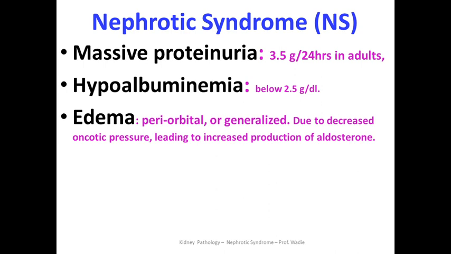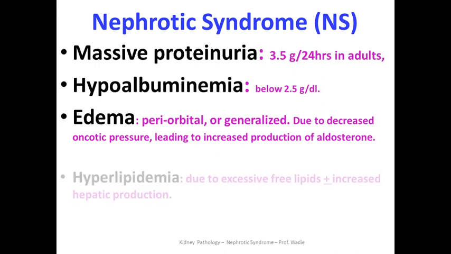The edema is due to decreased oncotic pressure within the circulation, leading to stimulation of the renin-angiotensin-aldosterone system and increased production of aldosterone, leading to absorption of water and salt inside the body. This water will leak to interstitial spaces and not stay within the blood vessels, therefore leading to edema.